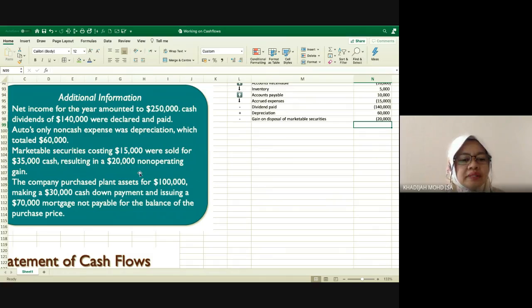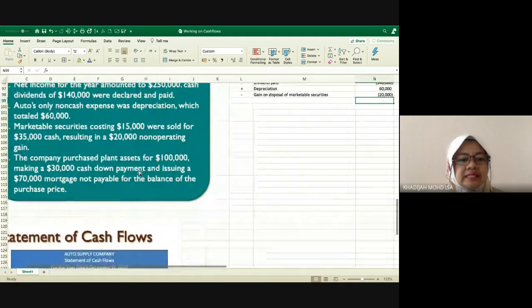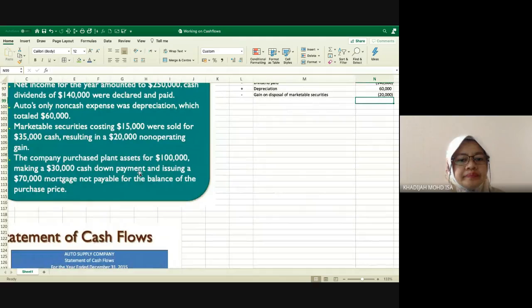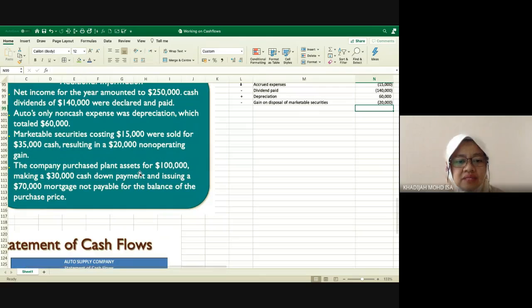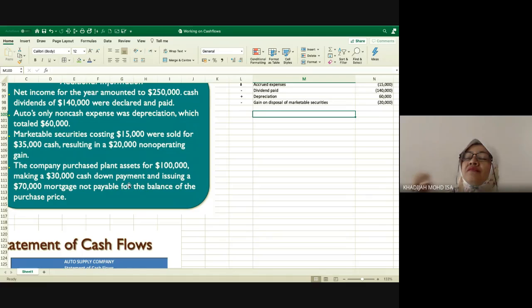And then note number 4, it says that the company purchased plant asset for 100,000, making a 30,000 cash down payment, issuing a 70,000 mortgage note payable for the balance of the purchase price. But this one is not part of your operating. When you purchase plant, that will be part of your investing.